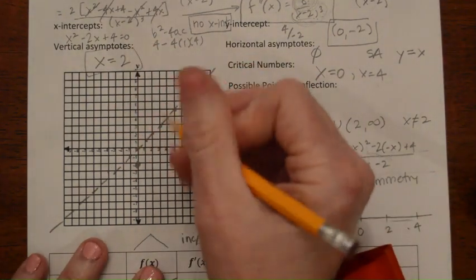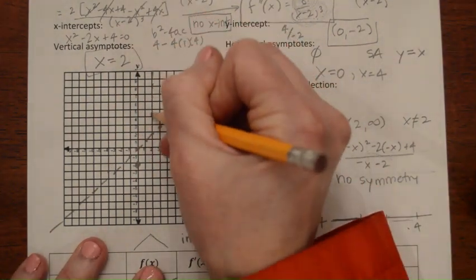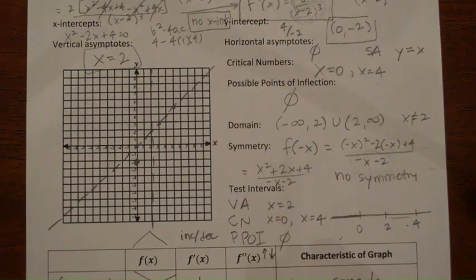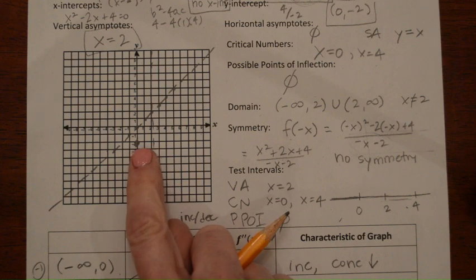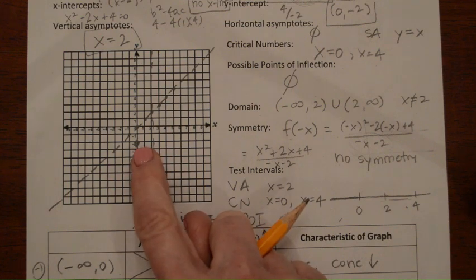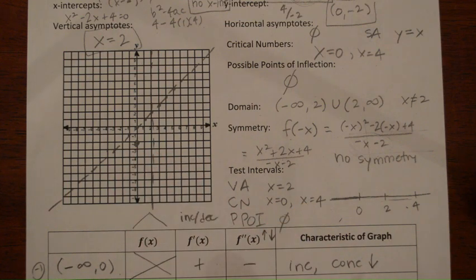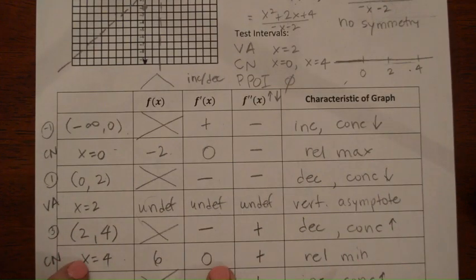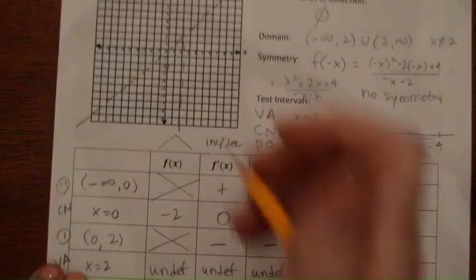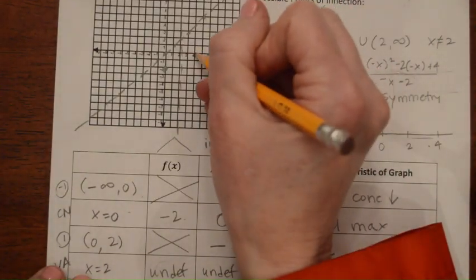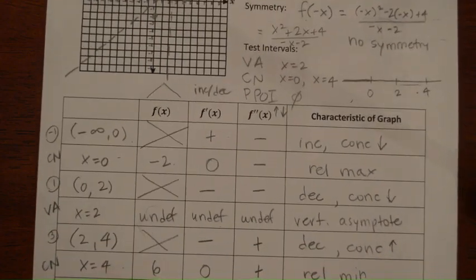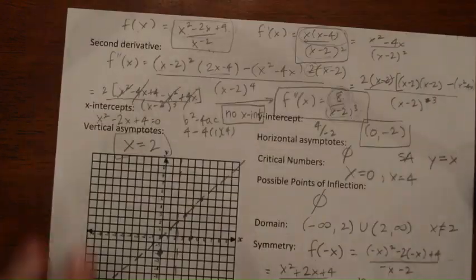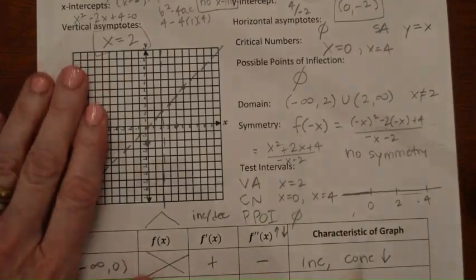Vertical asymptote at 2. Right, at 0, -2, which happens to be the y-intercept, there is a critical number there. At 4, 0, there's going to be a relative, no, sorry, my bad, 4, 6, I was looking at that column, 4, 6.